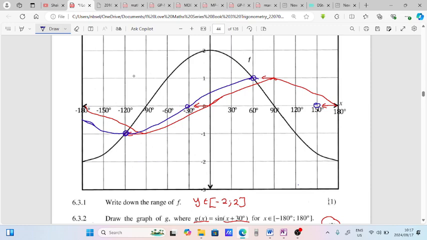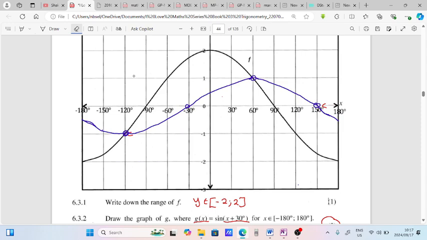Then from there it cuts at 180, and from 180 my graph moves that way. Now, the purple graph is what we are looking for. The red was the original one. Don't forget to write your coordinates.